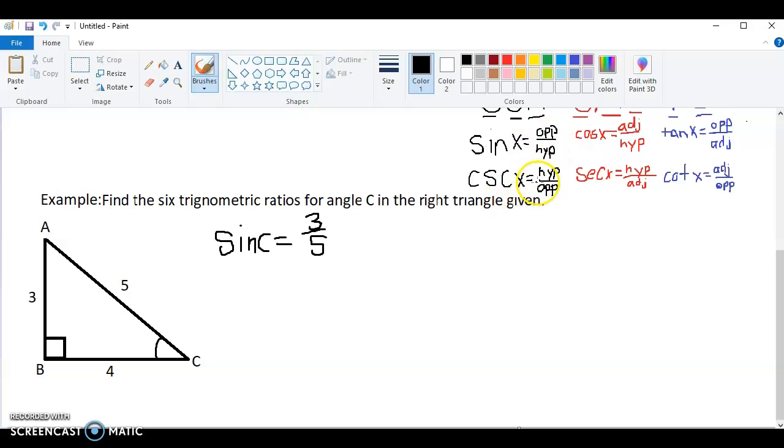And we know that the reciprocal is basically the two swapped, hypotenuse over opposite. Remember, cosecant is the reciprocal of sine. So it would be hypotenuse 5 over opposite, which is 3.